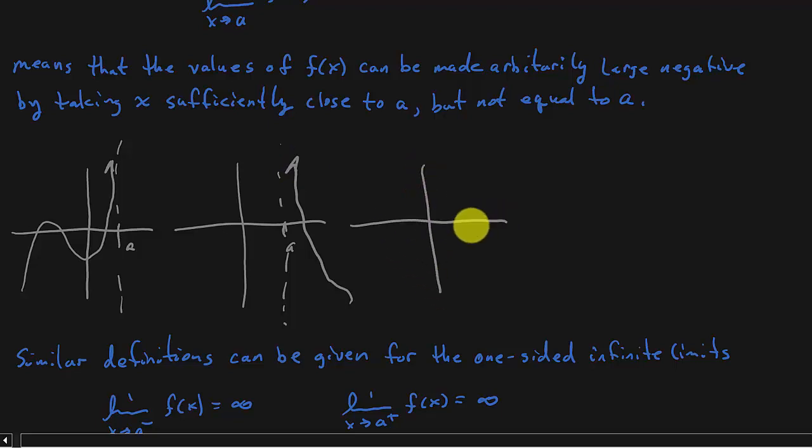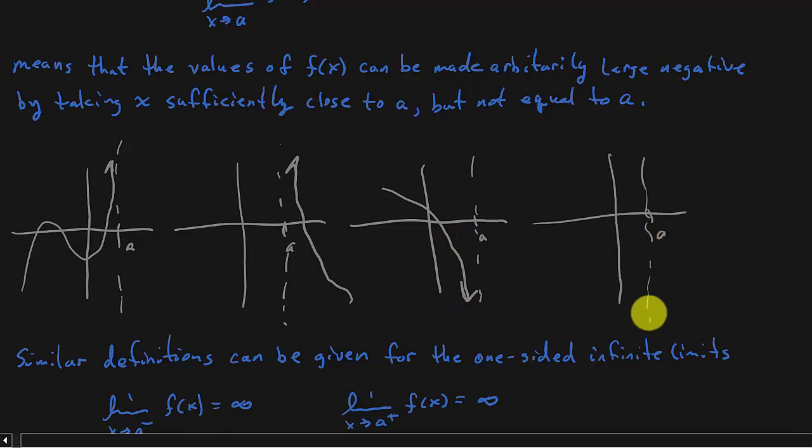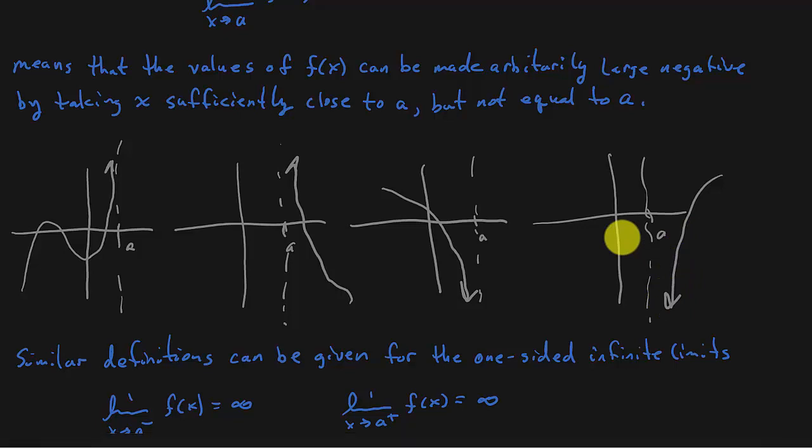And then here's one: as x is approaching a from the left, the function's going to negative infinity. And same thing here, we could have something like this going to negative infinity as I'm coming in from the right. So that's what the graphs would look like for those two definitions.